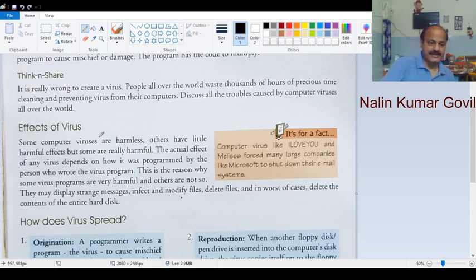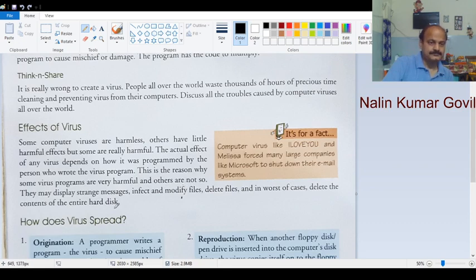Effects of a virus. Some computer viruses are harmless. Clear? Others have a little harmful effect, but some are really harmful. The actual effect of any virus depends on how it was programmed by the person who wrote the virus program. This is the reason why some virus programs are very harmful and others are not.